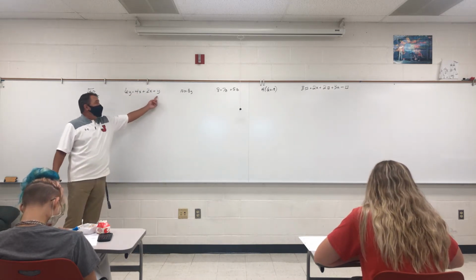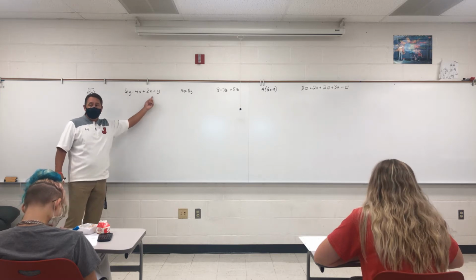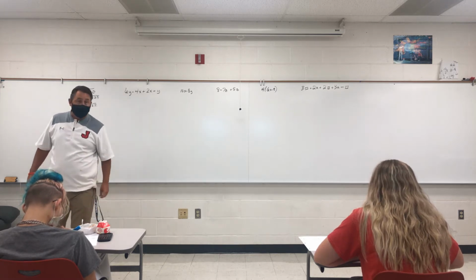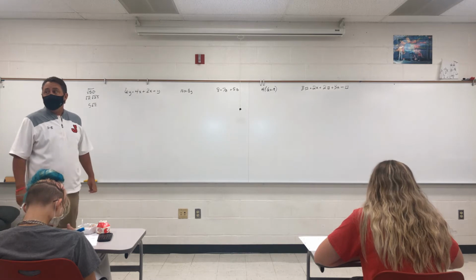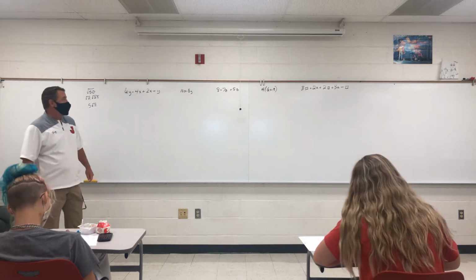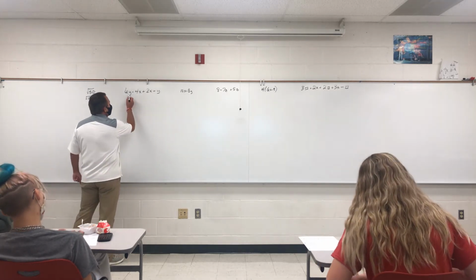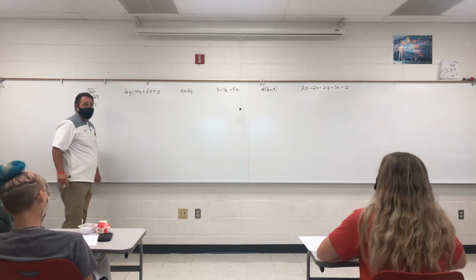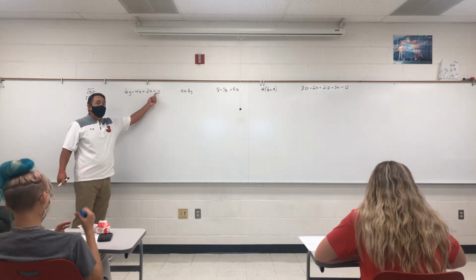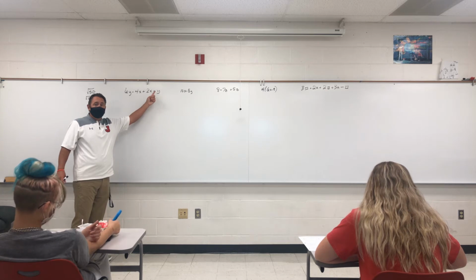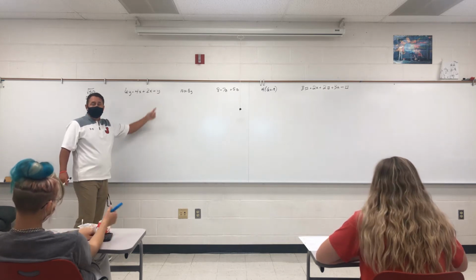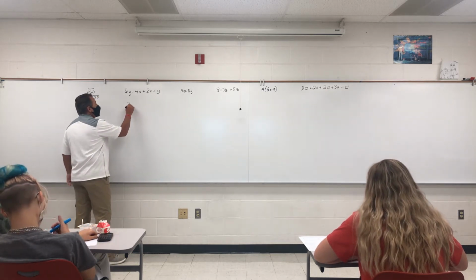Okay, this one, what's this called when we combine things that are alike? Like terms. Combining like terms. All right, so in this case, you guys agree the y and the y are the same? So 6 and 1, remember there's always a number there even though it's not showing up, 6 and 1 would make 7.